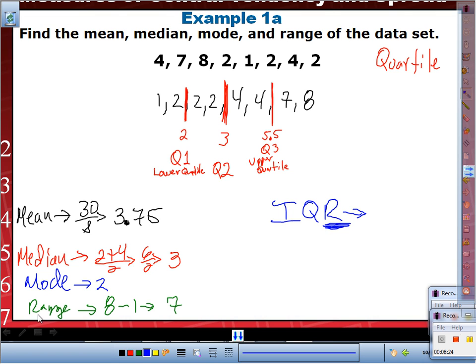Inner quartile range. So look up. What did I have to do first to get the range for the entire data? Subtract the highest number to the lowest number. But now they're asking us to find the range, but of the quartiles, inner quartile range. So you remember what you would do to find the IQR.